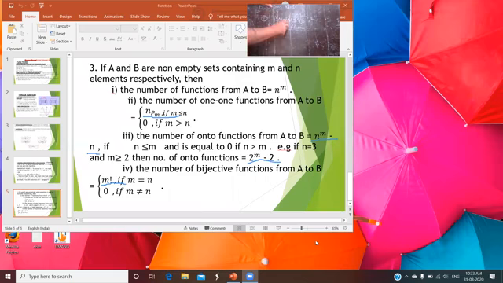Actually, here we have to take the domain as the natural numbers, and the codomain is also the natural numbers. Natural numbers start from 1 to infinity, meaning positive numbers.